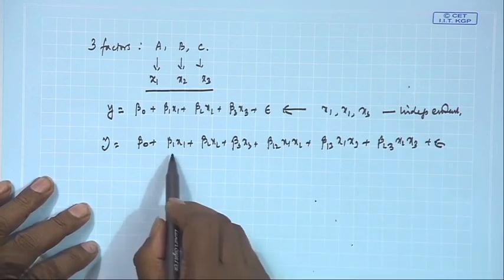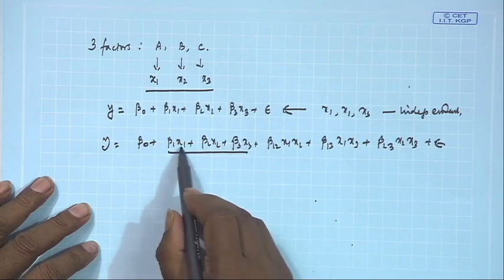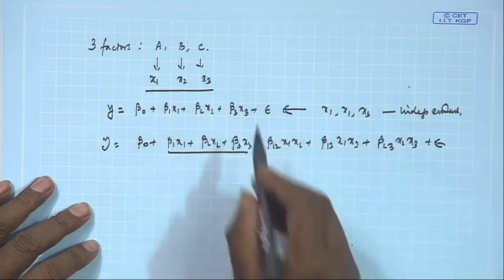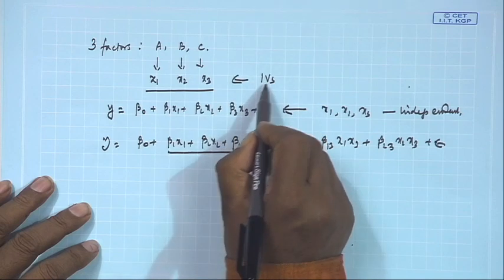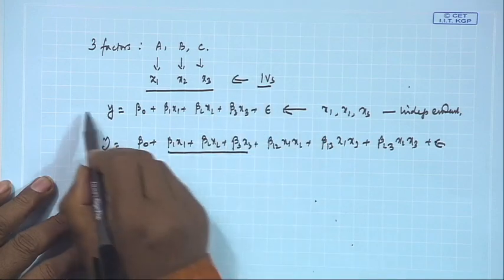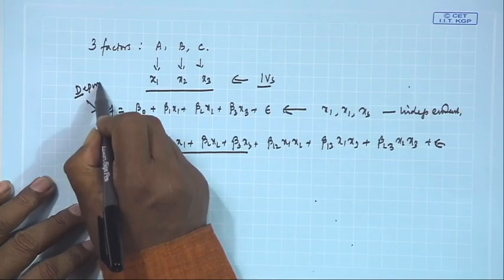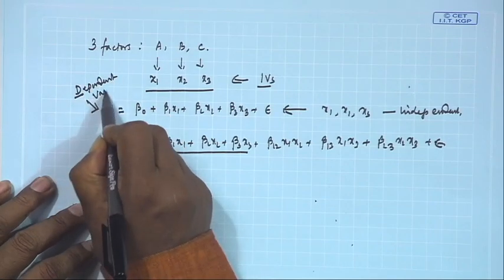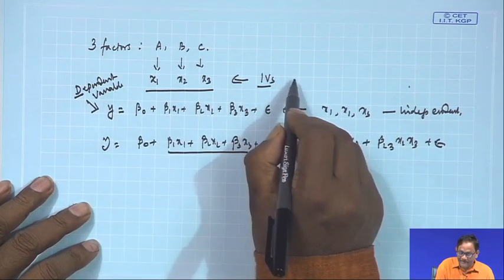Here you see there are parameters related to the factors or variables. These x are called independent variables, IVs, and y is known as the dependent variable, and all x are independent variables.